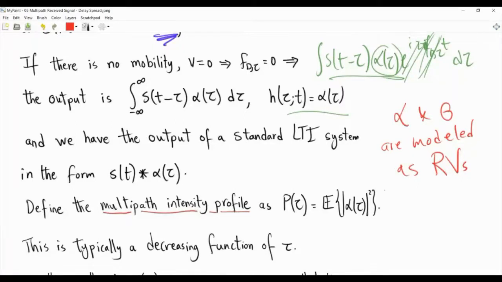If you take magnitude alpha of tau squared and take the expectation, this is the average received power along the path with delay tau. Again, don't forget that we started with a delay that is time dependent, and this is the delay in reality.